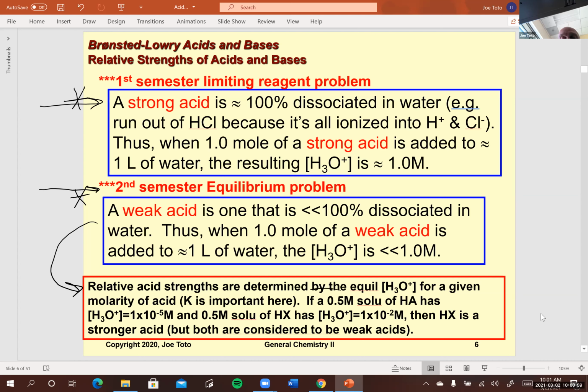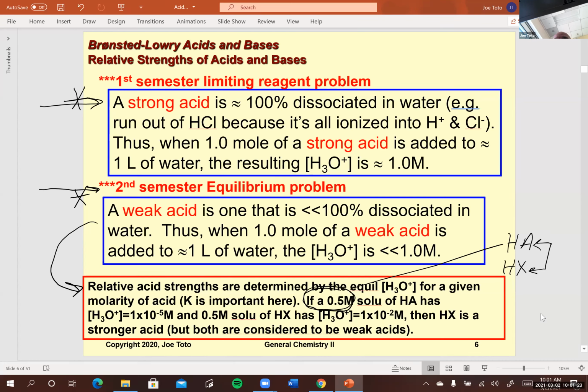And if I have the same concentration, say 0.5 molar of both weak acids, HA and HX, just say one is hydrofluoric acid, the other one's acetic acid, they're both weak. But one of those acids is going to be stronger than the other.